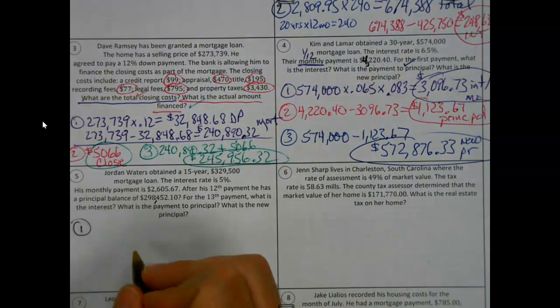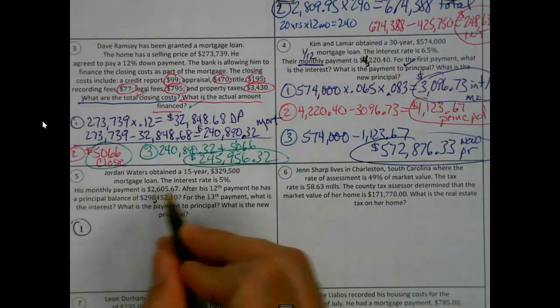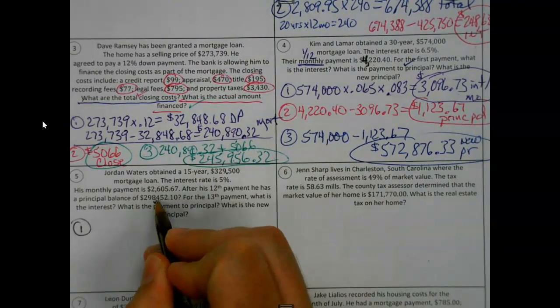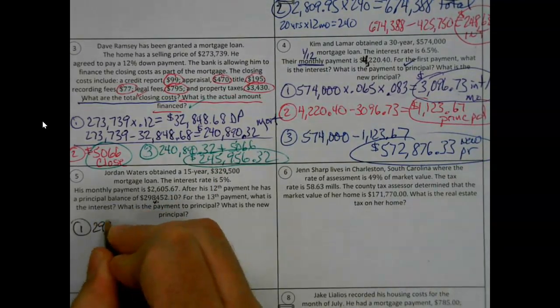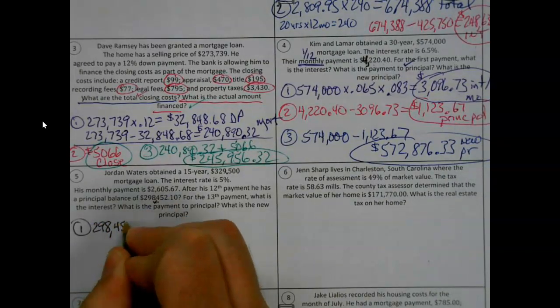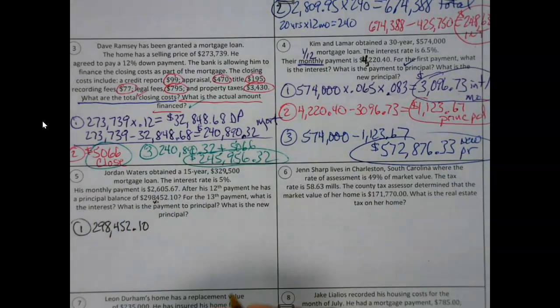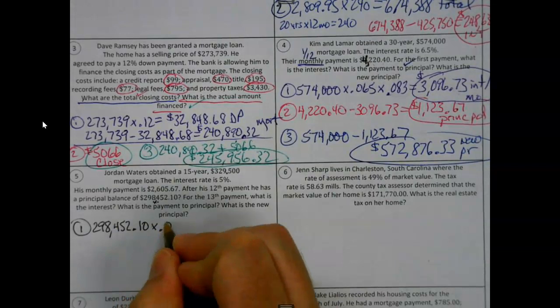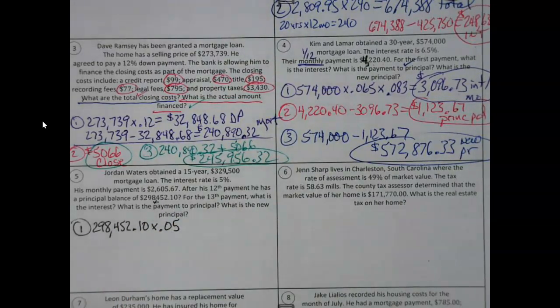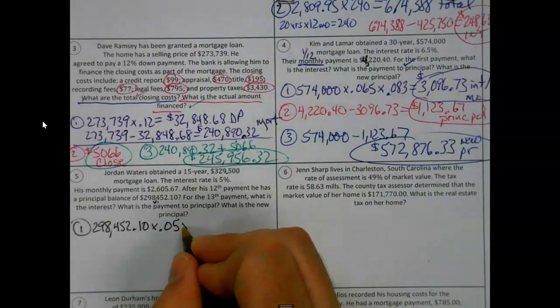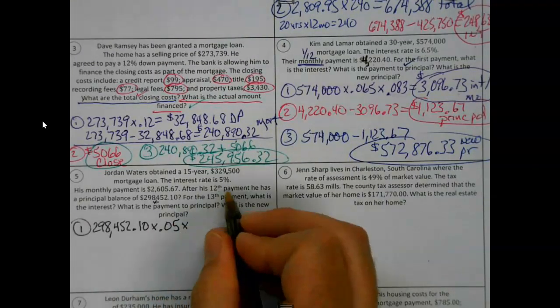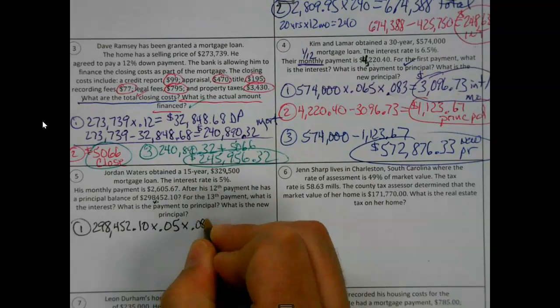First part. We're going to take the current principal balance, not the original, this new one, because we've already made some payments. So we're going to take that times the interest rate times the 1/12 again, because we're talking about individual monthly payments.